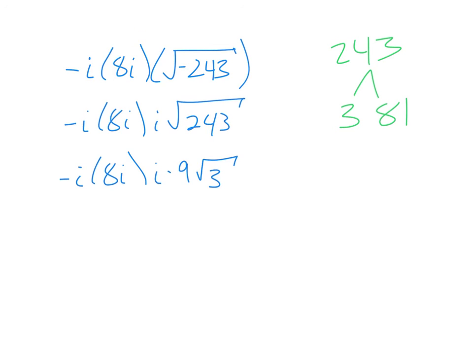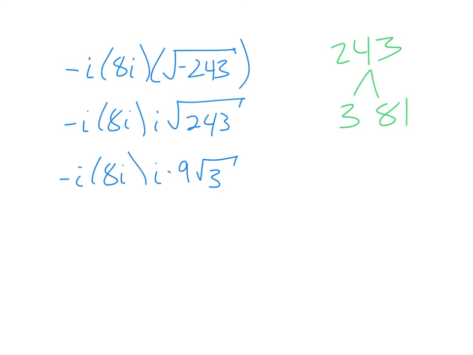Is everyone okay with that? Why it's 9 square root of 3? Okay, so now we got all kinds of stuff, but what happens now? No, that's not i to the 8th. That's 8 times i. All right, so one step at a time.